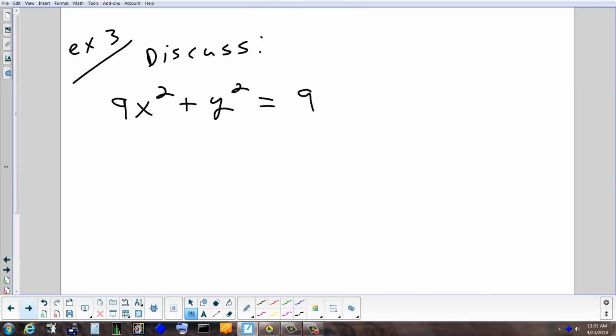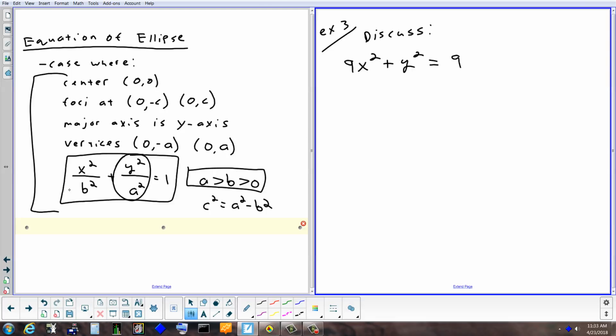Okay, so this one says 9x squared plus y squared equals 9. Let's compare that to the equation, either this one or the one we had before. Something's wrong here. What's kind of weird about example 3? It's not in the right form.